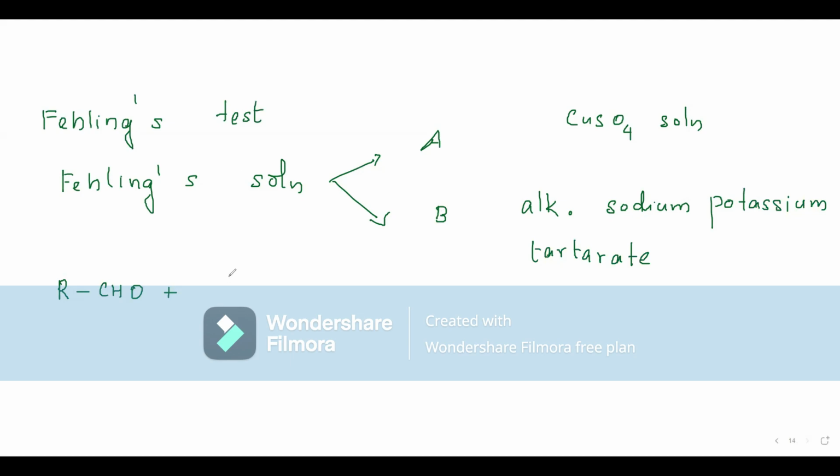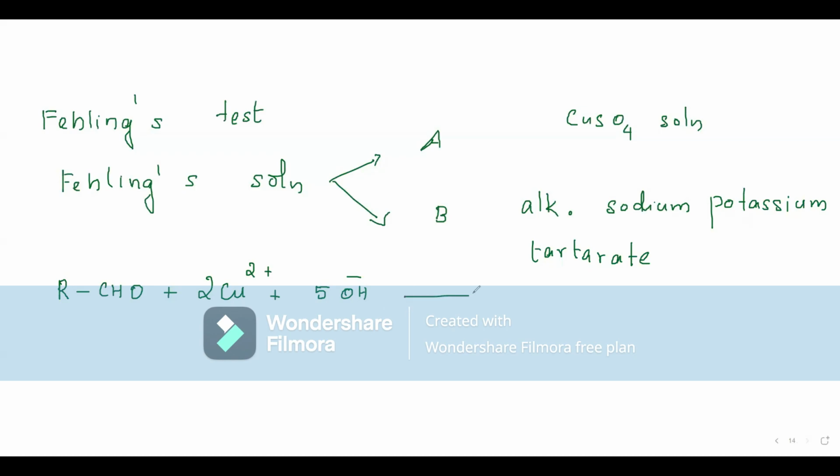From the copper sulfate solution, copper ions will react, and from the alkaline solution of Fehling's B, alkaline sodium potassium tartrate, OH minus ions.